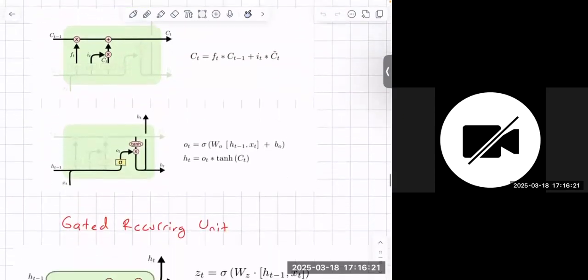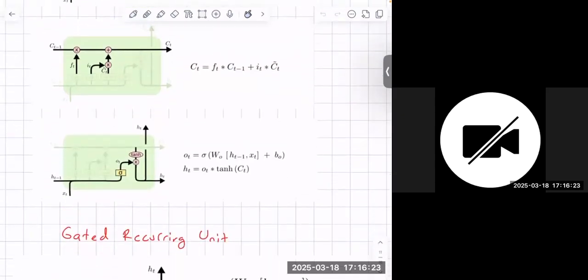And then there's also this intricate thing to figure out what should be the next hidden state. Well, not too intricate. You can put some sigmoid, put tanh, and spit it out. This thing, as you see, has a lot of steps in it.